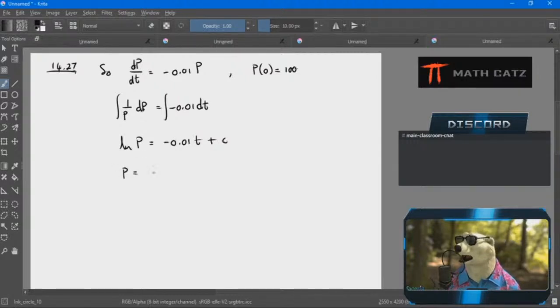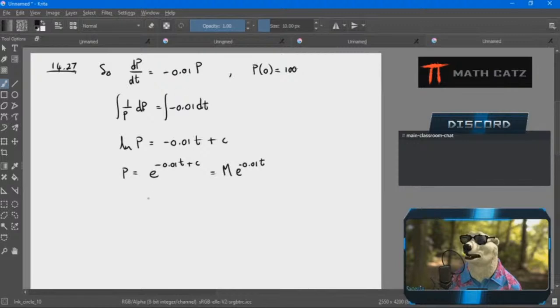So p is then e to the negative 0.01 t plus a constant, or I'm going to rewrite that as m for a more convenient integration constant.